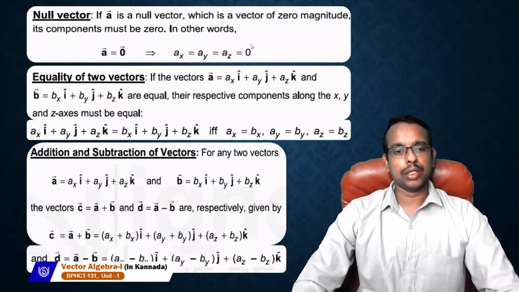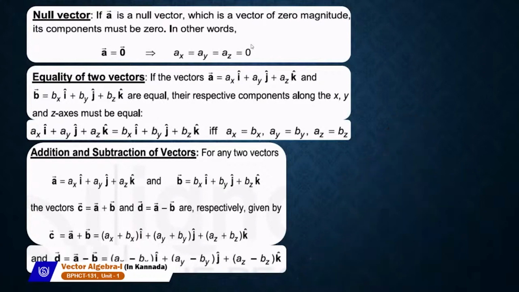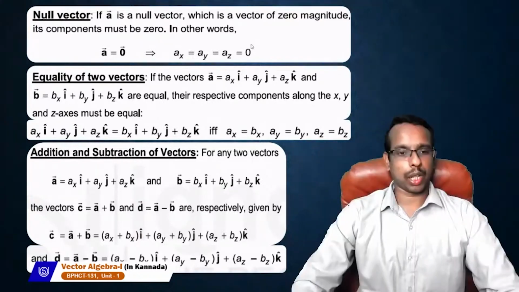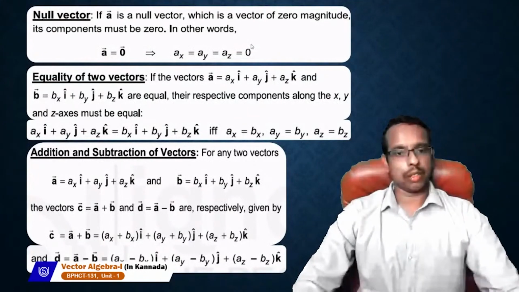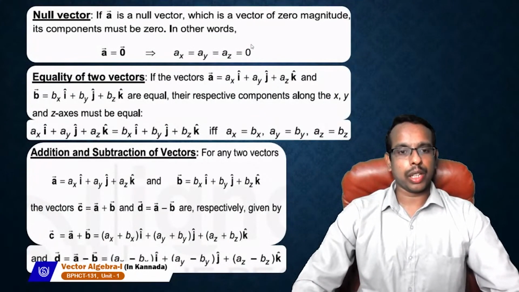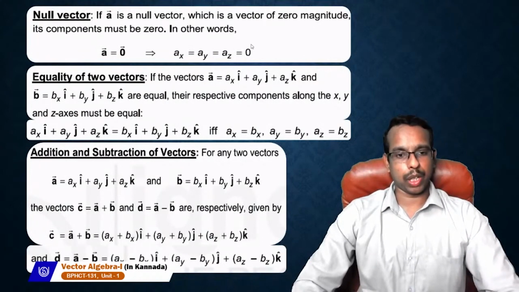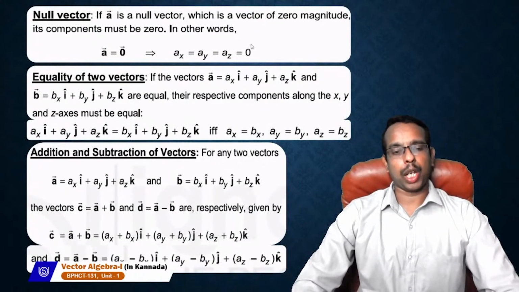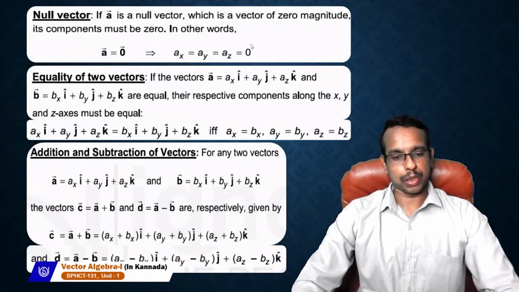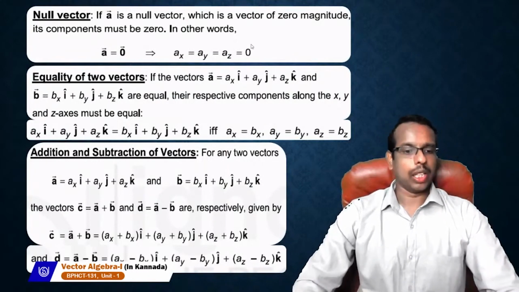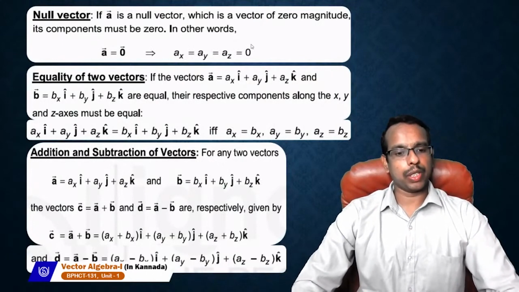Now I try to add or subtract these. Vectors are slightly different from ordinary numbers, as I already went through in the previous class. So C vector is equal to A vector plus B vector, or some other D vector is equal to A vector minus B vector. If that happens, then try to resolve in components.